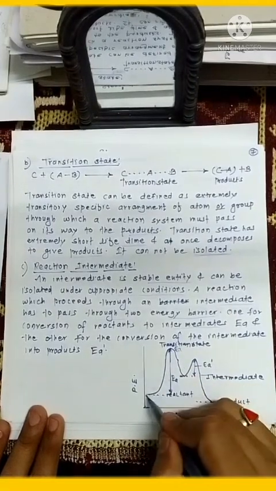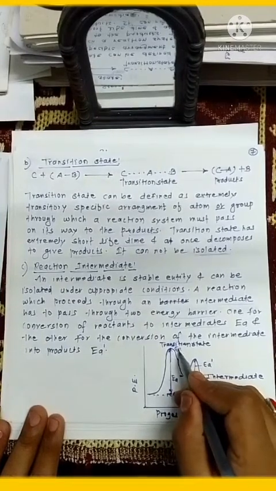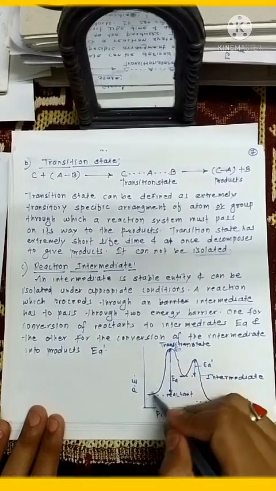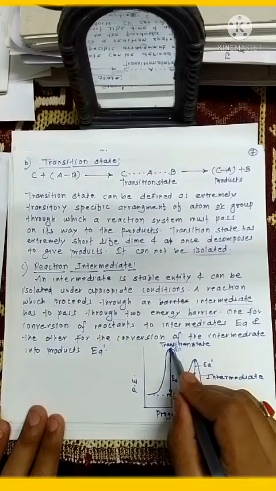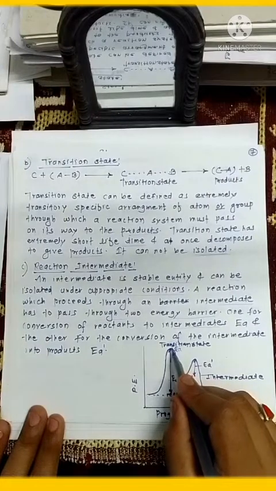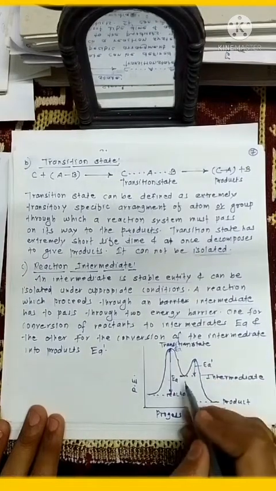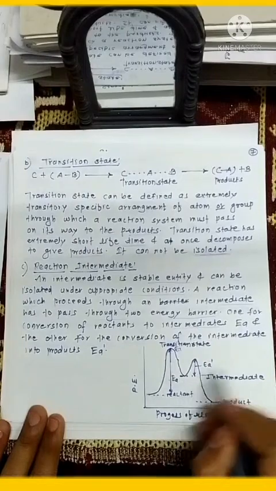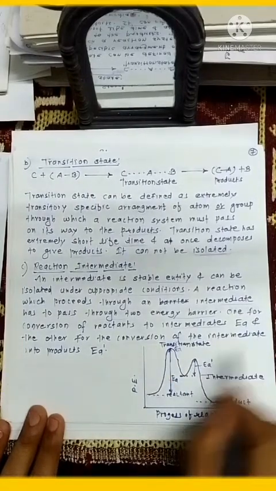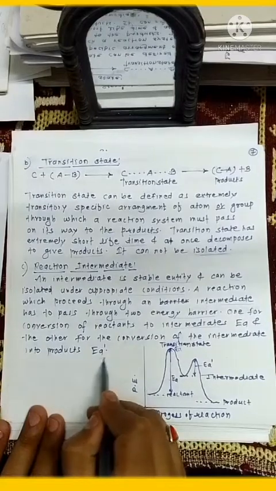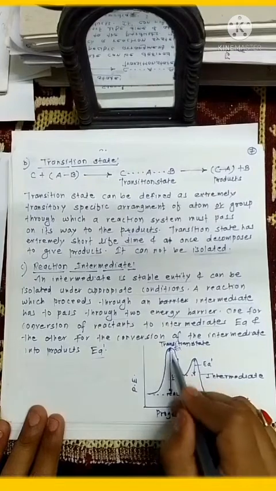So from here to here, the transition state first. Here conversion of reactant into a transition state takes place, and just see the second term here, and the other for conversion of intermediate to the product, that is EA-1.